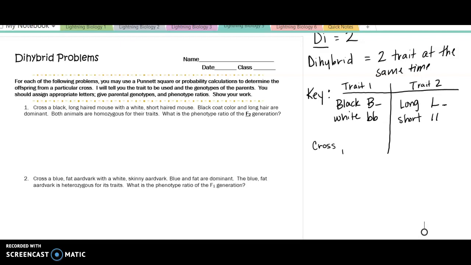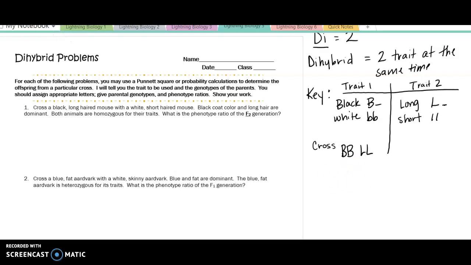So the black long hair is homozygous or pure, and so we would write that as big B, big B, so it's homozygous dominant black, and then homozygous dominant for long, big L, big L. We have to give them two alleles for each trait, and make sure you keep the alleles together for each trait. So you don't ever want to write it BL, BL. That will get you very, very confused when we go to put this together.